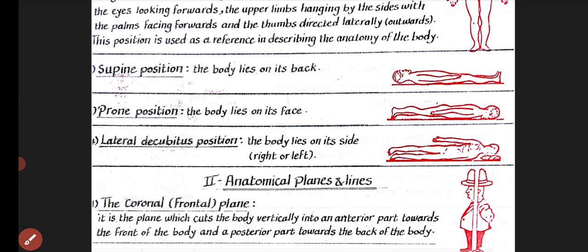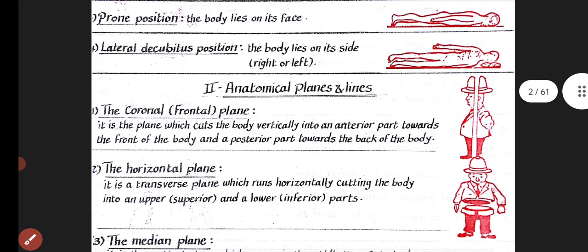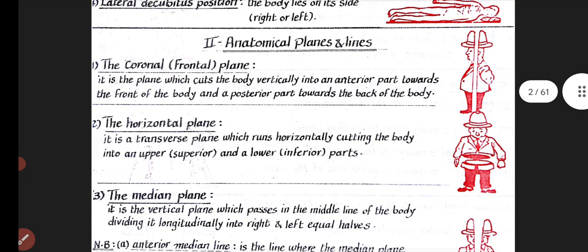Next, the anatomical planes and axes. In detail we will study them in exercise therapy, but for anatomy purposes we will learn the anatomical planes.